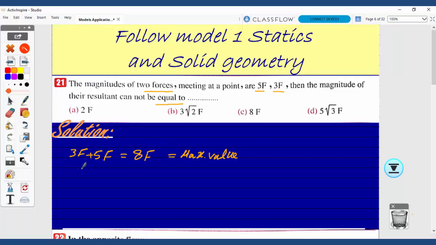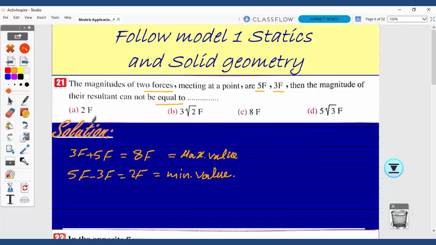And if you subtract 5F minus 3F, you will get 2F. And the 2F equals the minimum value of the resultant. Now 2F and 8F are acceptable values.